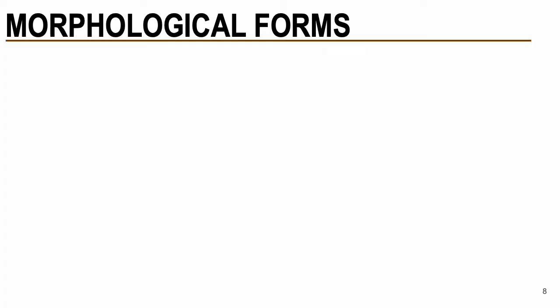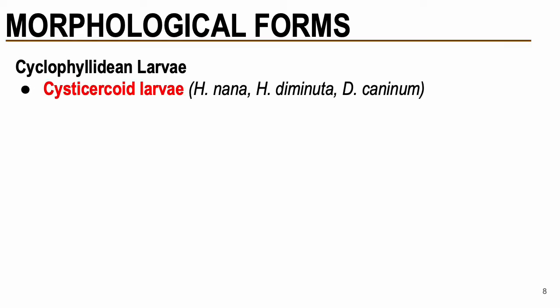Next form would be the larval stages. One unique thing about cestodes or tapeworms is that they may contain multiple larval stages. Let's talk first about the cyclophilideans. The larvae of cyclophilideans are all similar in morphology and function, but they have multiple names.